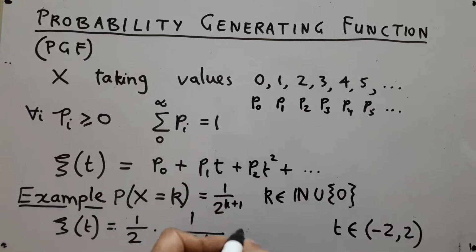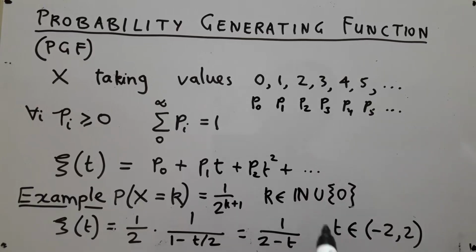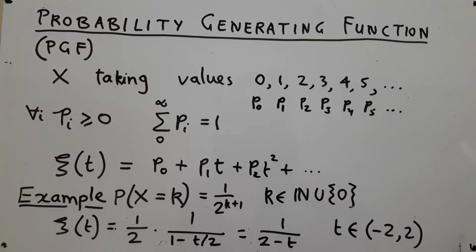Now if I just write it in a slightly different way, this will become 1 over 2 minus t. So here is another example of a PGF where I have it defined only over a certain interval of t values.